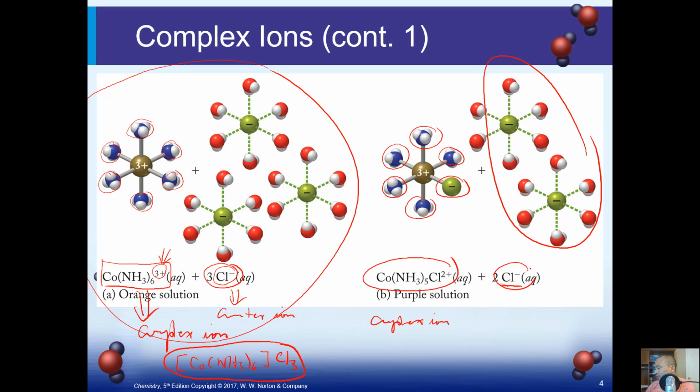Then the chloride is still the counterion, but you only have 2 counterions over here. So when you put it together, the coordination compound would be Co(NH3)5Cl. You put the complex ion in the bracket, and then the counterion outside the bracket, as you can see in these 2 examples.